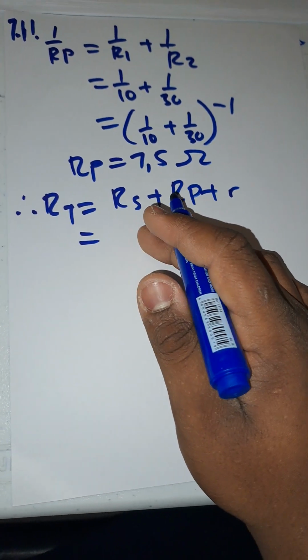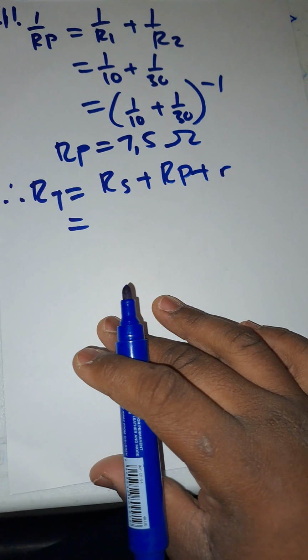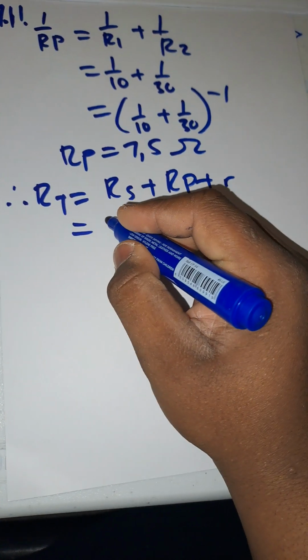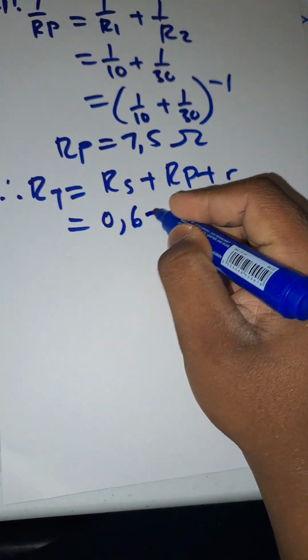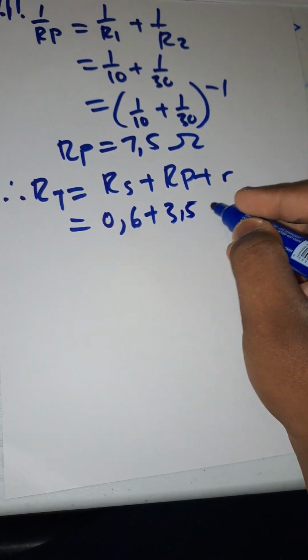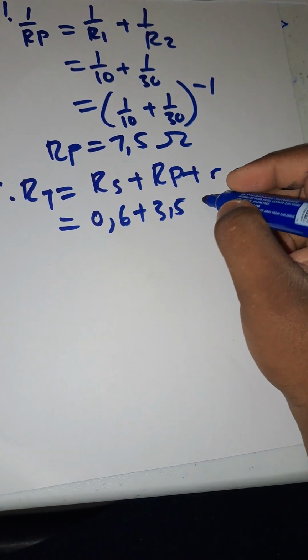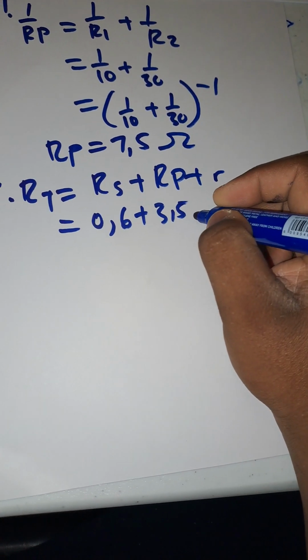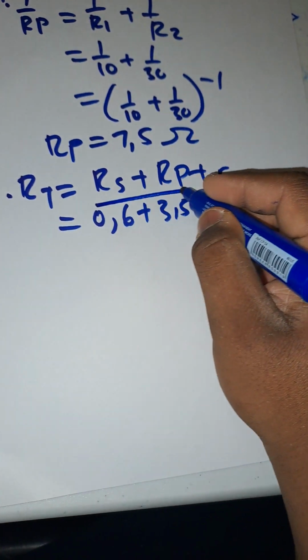What is the one that is in series? 0.6 plus 3.5 I was given, right? And then plus what? Wait, I made a mistake here.